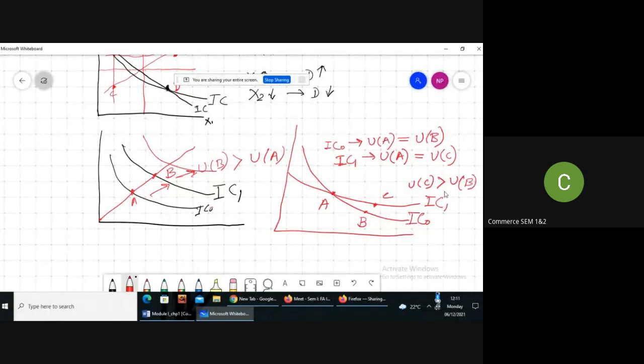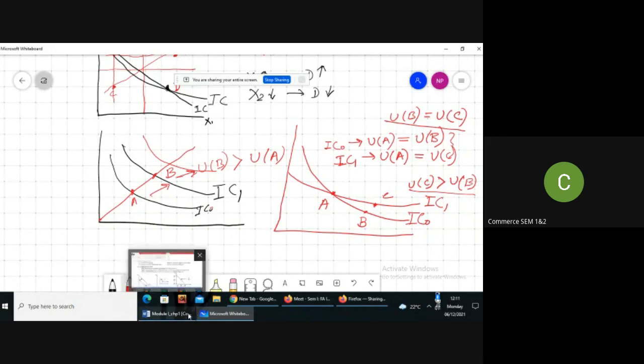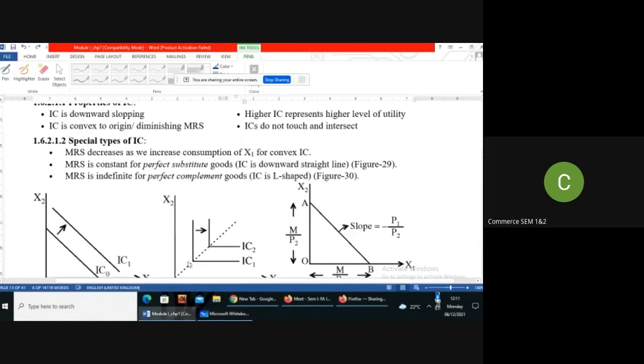But here, from this, combining these two, you can write UB is equal to UC. So if you take this one and this one, these two are contradictory to each other. So the two indifference curves cannot intersect or touch each other. Fine?